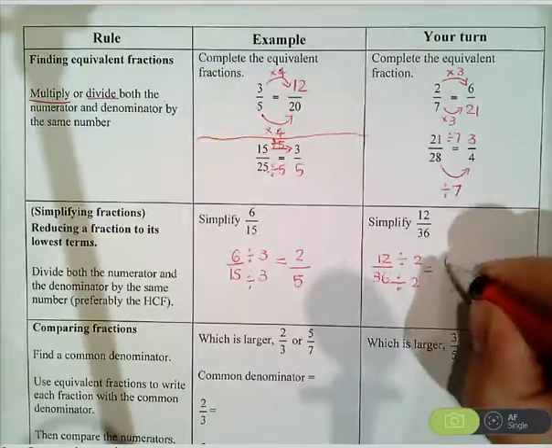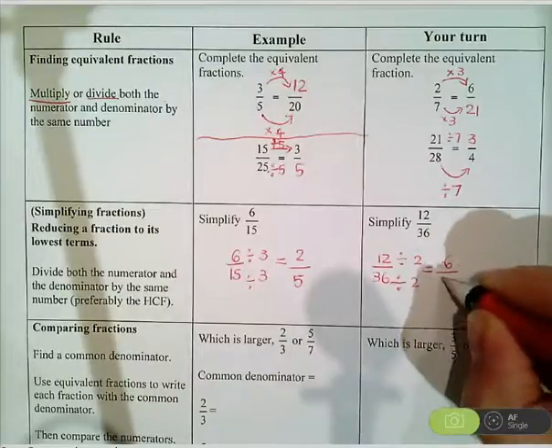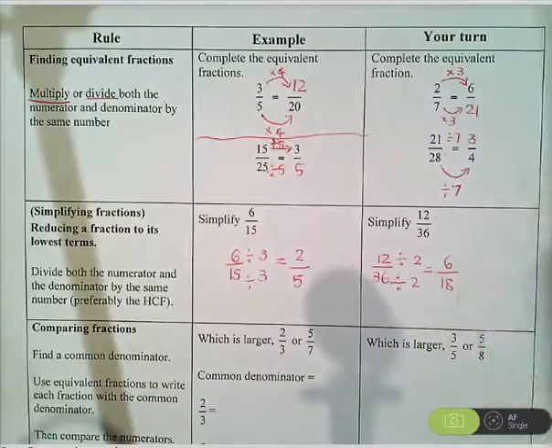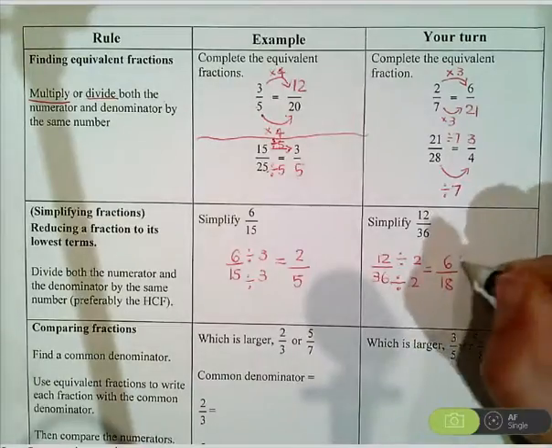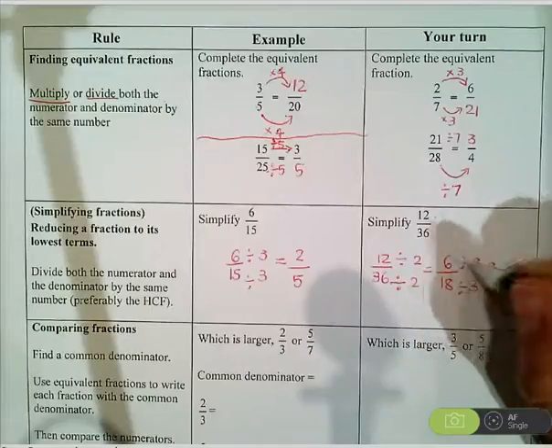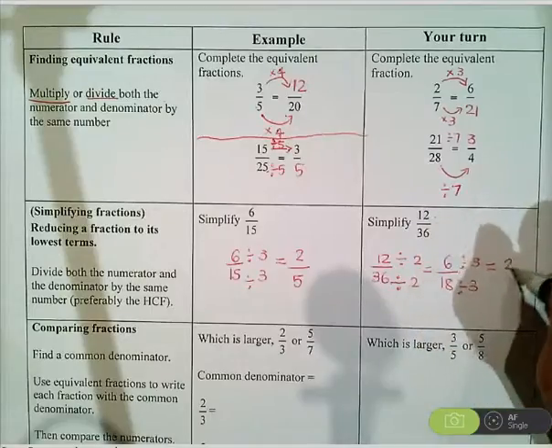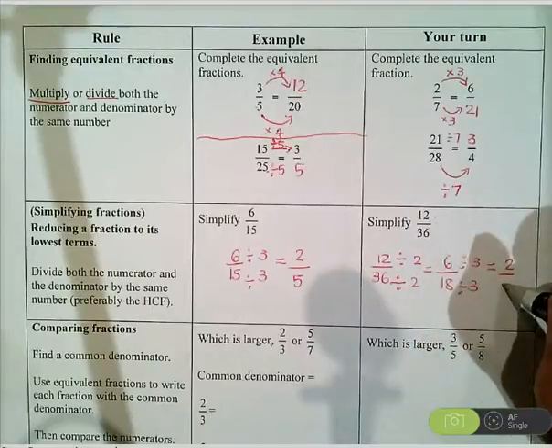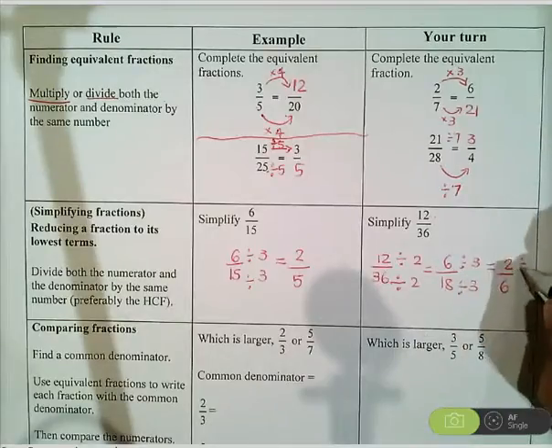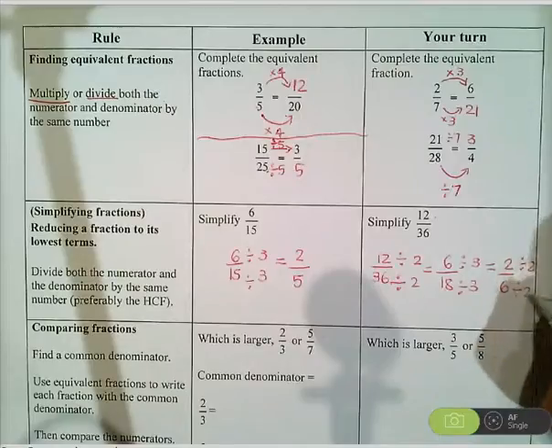12 divided by 2 is 6, and 36 divided by 2 is 18. But then you might look at that and say, well, I think I can divide those both by 3 because I know that they're both in the 3 times tables. So 6 divided by 3 is 2, and 18 divided by 3 is 6. But then you can say, well, I think I can divide them also both by 2, and you'll get 1 over 3.